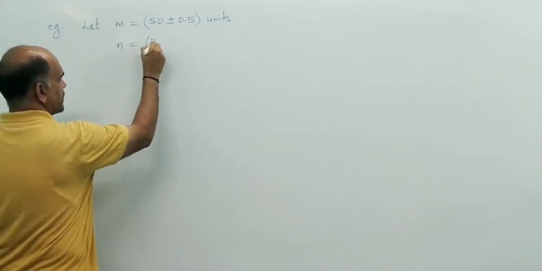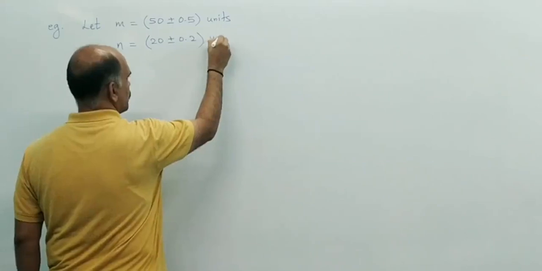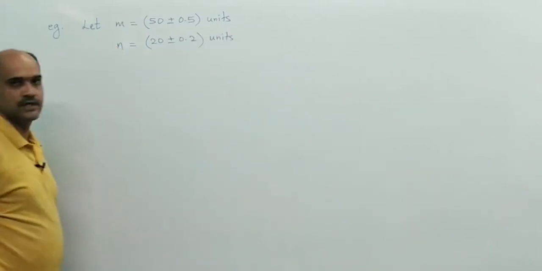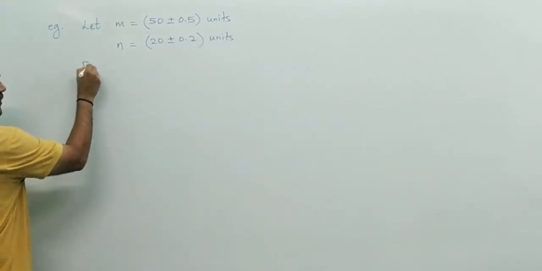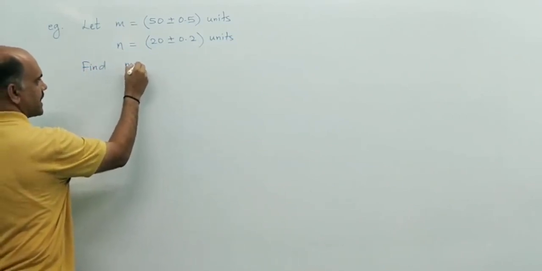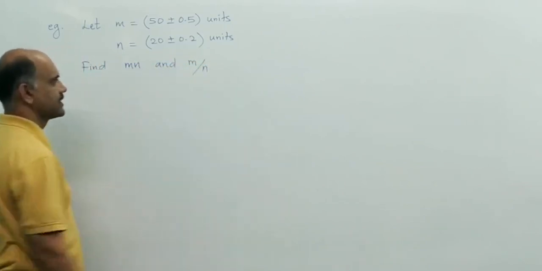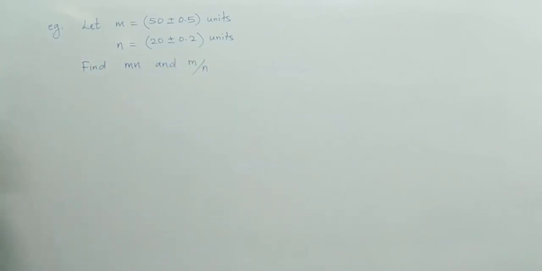N is another quantity, 20 plus or minus 0.2 units. You are required to find the multiplication, that is M into N, and the division M by N.